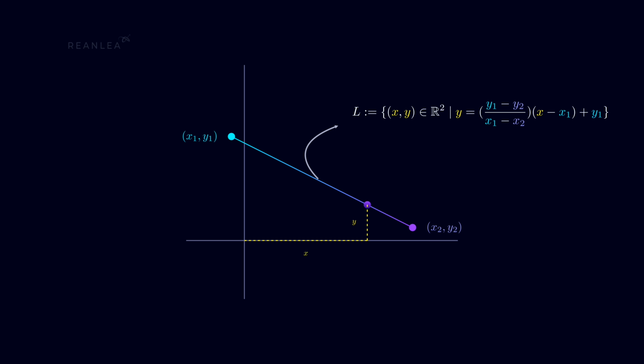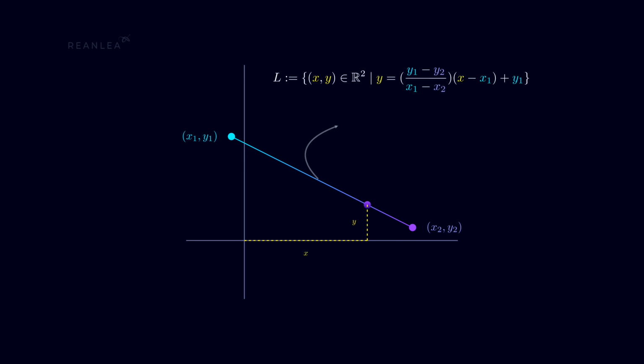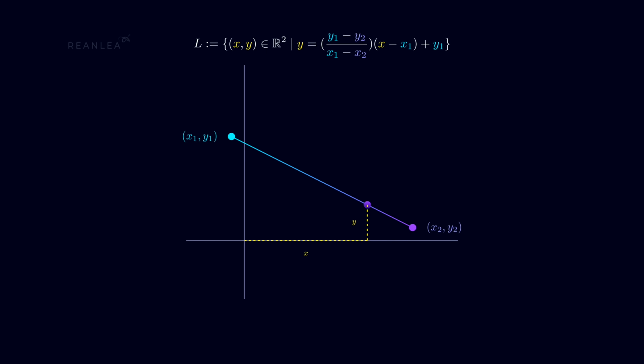And without loss of any generality, we will consider the line segment joining (x1, y1) and (x2, y2) to be represented by the set L itself. Here the set completely depends on the coordinates of these 2 points. And depending on the coordinates in R2 of these 2 points, the whole set varies, and so does its representation.